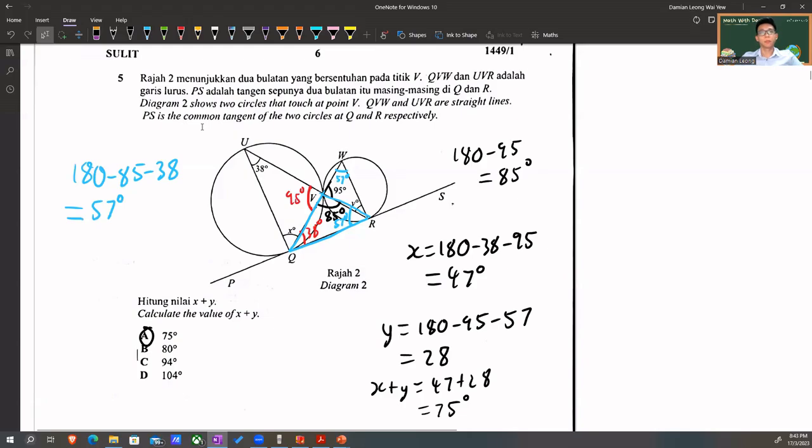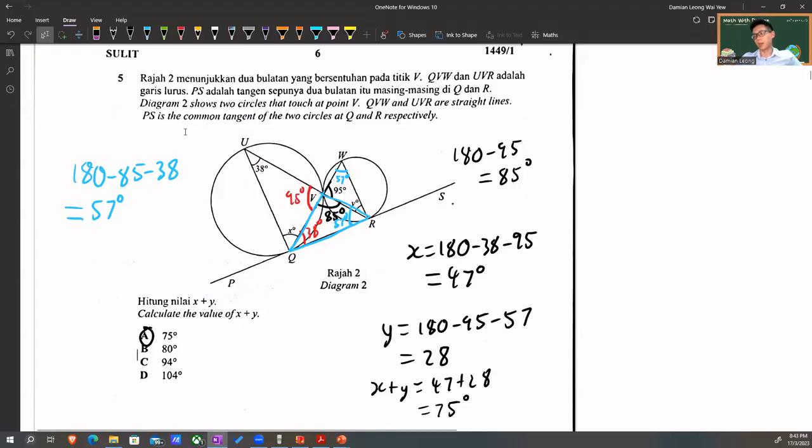So whenever you have tangent lines and a triangle, we want to use the angle in the alternate segment. That's one of the most common relations that they will ask for. If you see a quadrilateral, then you will use cyclic quadrilateral.